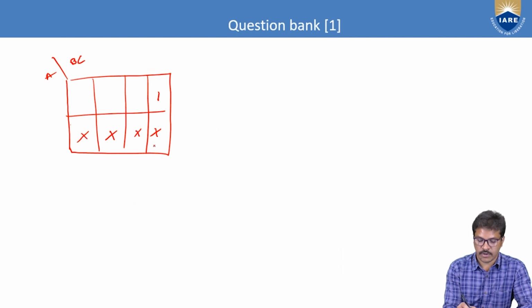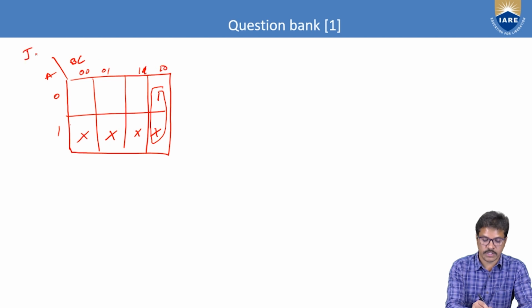So this is the only possibility to create a pair. 0, 1, 0, 0, 0, 1, 1, 1, 1, 0. For this one, J0 is equal to B and C bar.